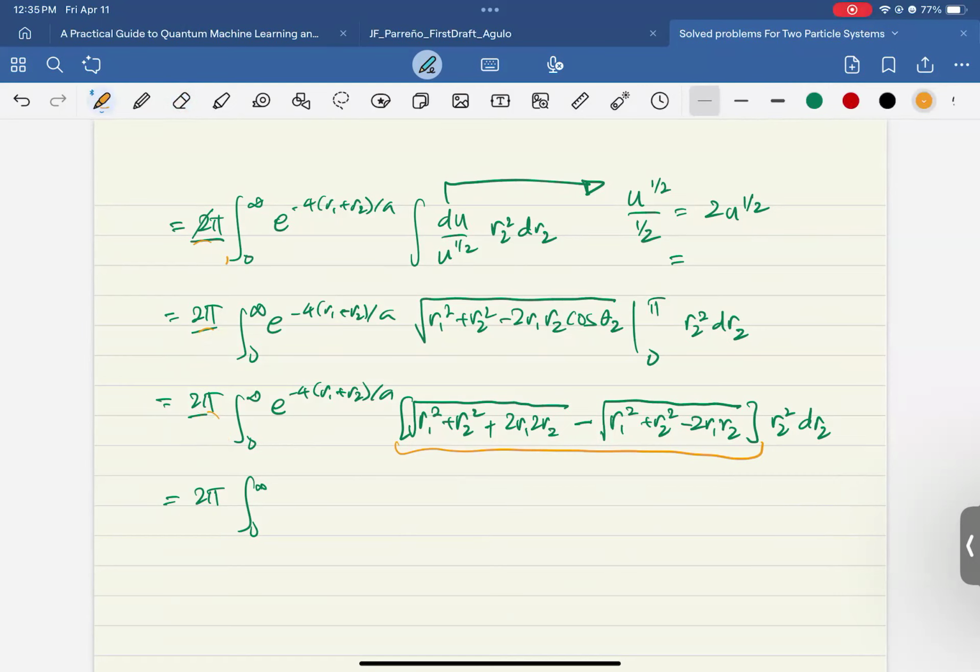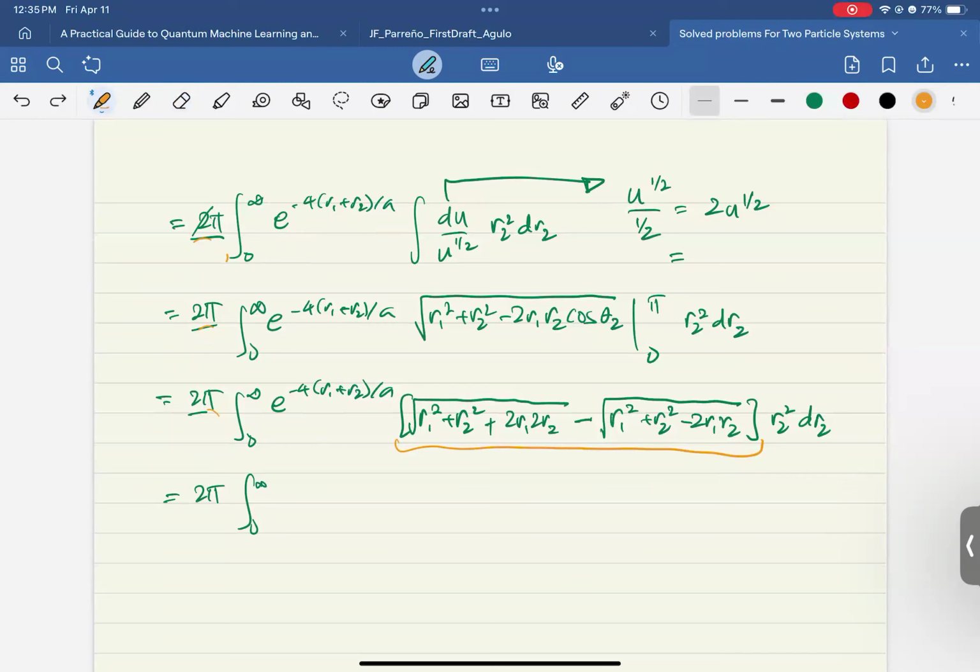Okay, so over R1, R2, over R1, R2, and over R1, R2. Okay, so exponential minus 4, R1 plus R2 over A. Tapos, itong first term is R1 plus R2.